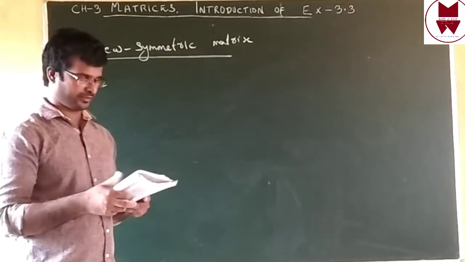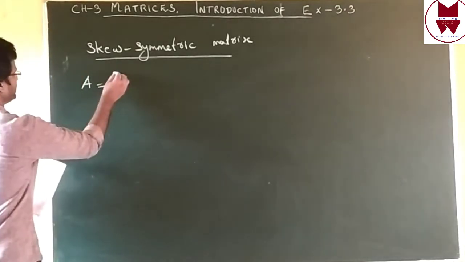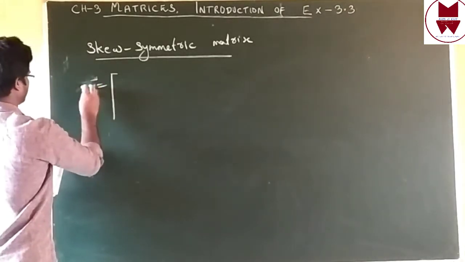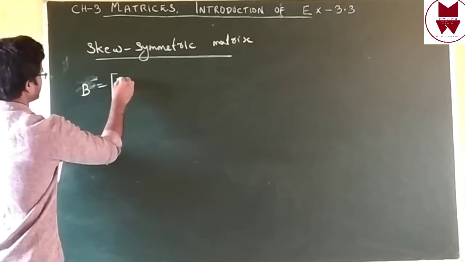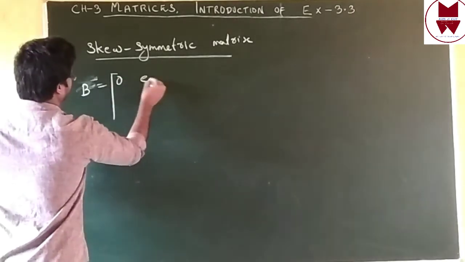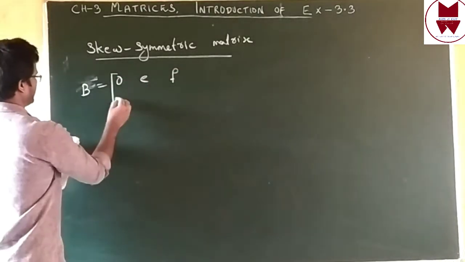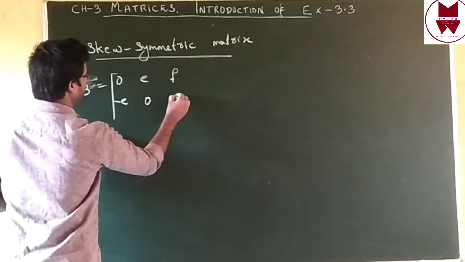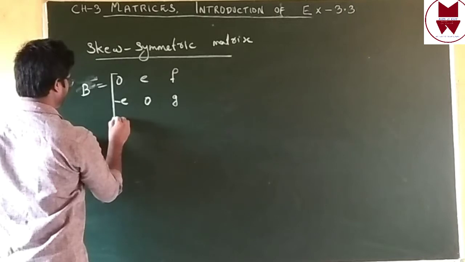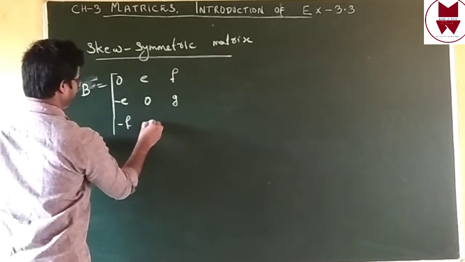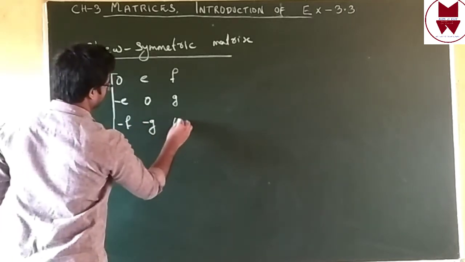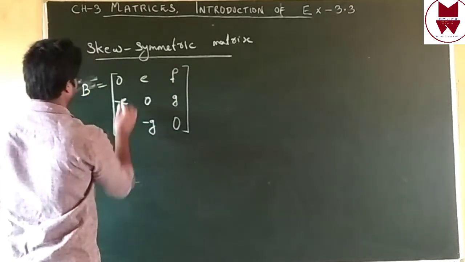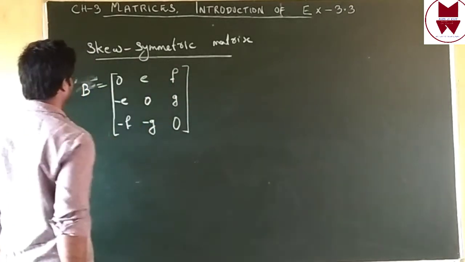Through that example we can study. B equal to 0, E, F; minus E, 0, G; minus F, minus G, 0. This is not the letter O, that is all 0 only.